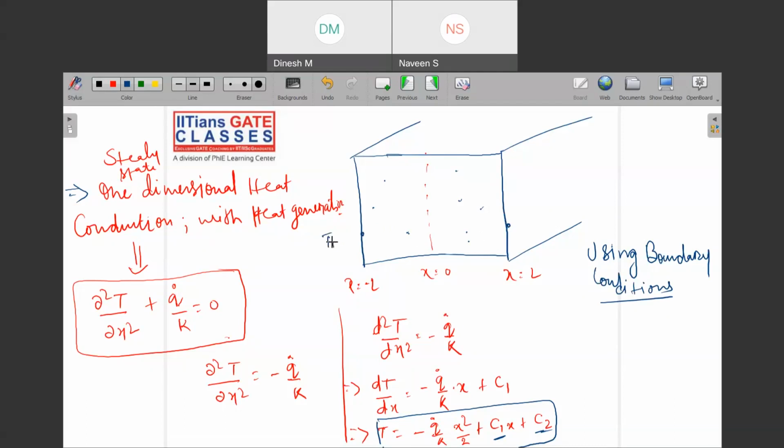So this is TW and this is also TW. This is h, this is also h, which means that this wall is exposed to the same ambient on both of the sides. Then how can I solve this one? So one special boundary condition, moving to the next slide.